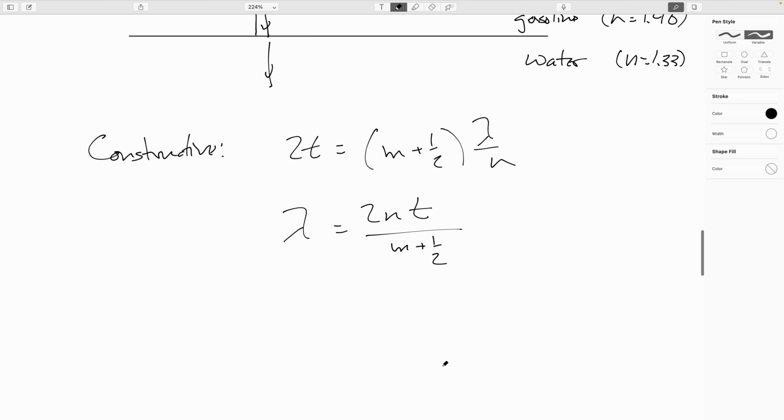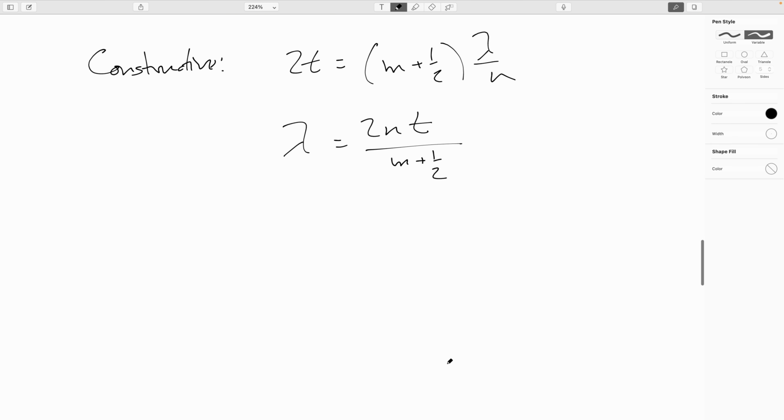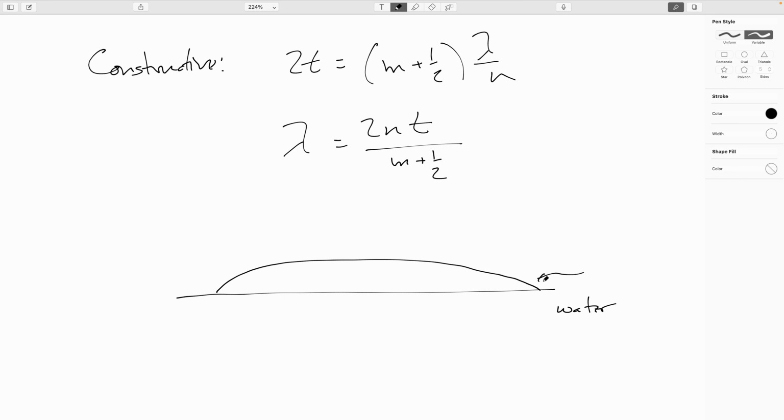So the deal here is if you actually look at the puddle up close. So this is the water here. Your actual puddle of gasoline is probably going to look something more like this. Just a big bead on top, but it kind of lumps a bit.